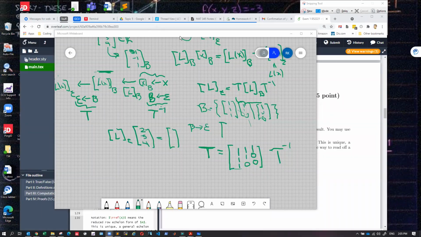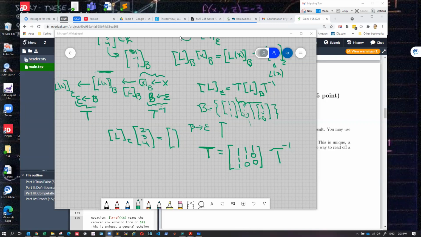Okay. So this thing, right? This is just our transformation matrix from base B to the standard basis, and you just write down the vectors as the columns. This is now the transformation matrix from the standard basis to base B. So this whole thing is the matrix for L with respect to the standard basis.